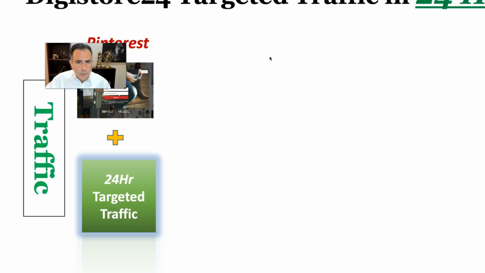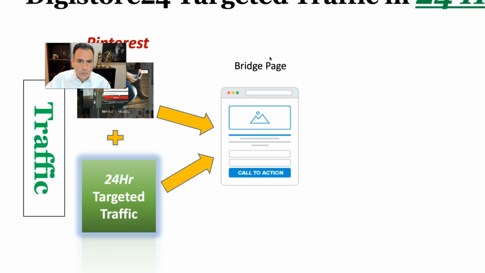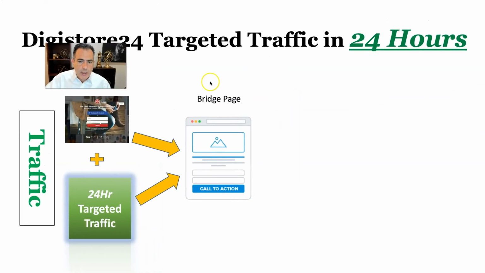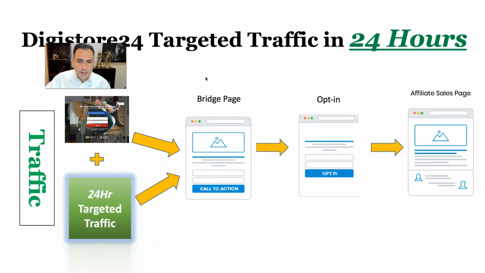In other words, you will be receiving those leads, and it's really not expensive at all. It's very cheap. You'll be receiving it within 24 hours. It'll be sent to your bridge page. So this is a process you should do if you want to succeed in Digistore 24 Pinterest traffic or affiliate traffic. This is something you really have to do if you want to succeed quickly.